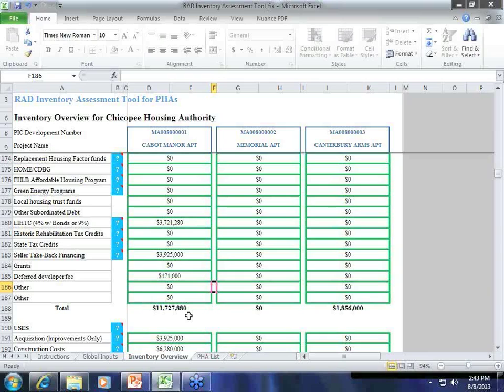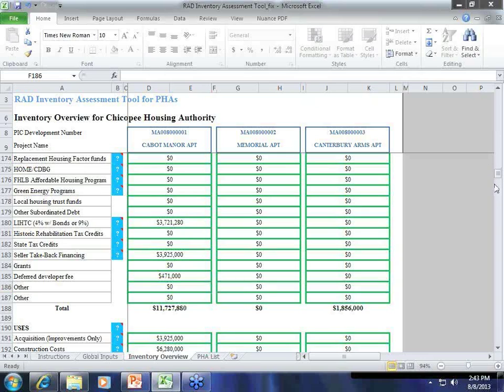So don't think, oh, I'm a PHA, so I'm not going to be able to get those points. Those programs already exist, and you will pretty consistently fall within scoring range where there are local funds available for preservation. You'd also want to consider the Affordable Housing Program of the Federal Home Loan Bank. Many PHAs are able to get between $500,000 and $1 million every year for various preservation projects.